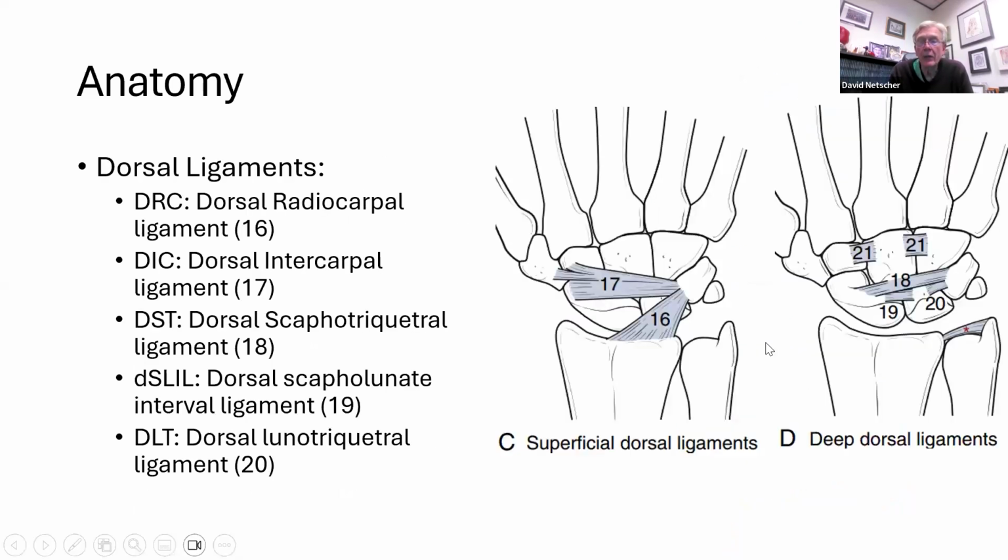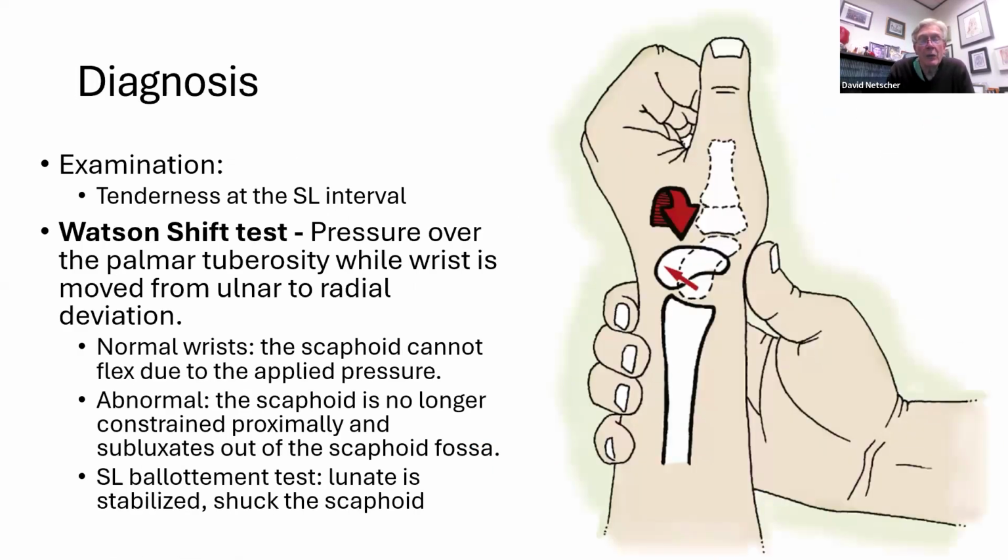So here we've got the dorsal ligaments, the dorsal intercarpal ligament, and beneath that the scaphotriquetral ligament. And you may be able to assess carpal instability by the so-called Watson shift test.